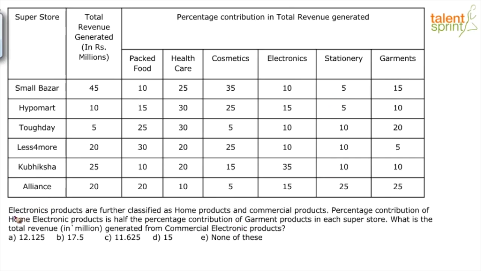So the question says, electronics products are further classified as home products and commercial products. So these are the electronics products, right? They are further classified as home products and commercial products. The percentage contribution of home electronic products is half the percentage contribution of garment products in each superstore. See, garment products is also given to us in each superstore.